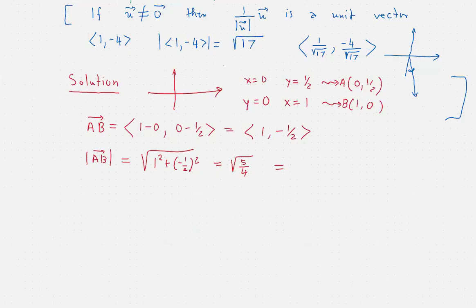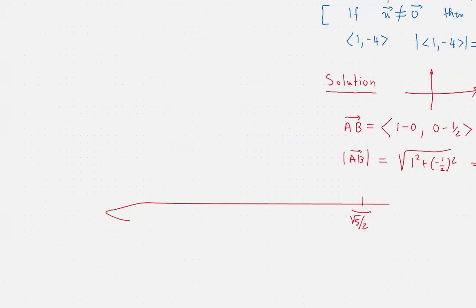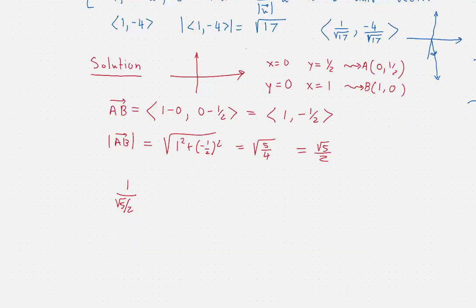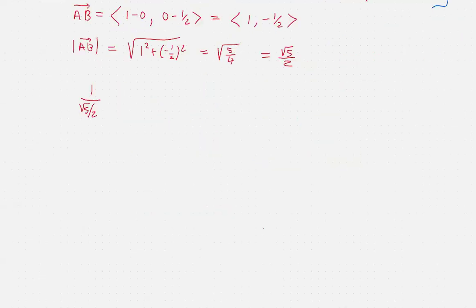And now we would like to consider 1 over square root of 5 over 2 times our vector, which is 2 over square root of 5 times 1, negative 1/2, which will give us 2 over square root of 5 and negative 1 over square root of 5.